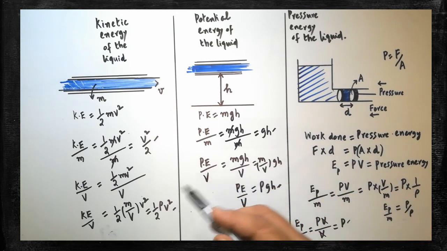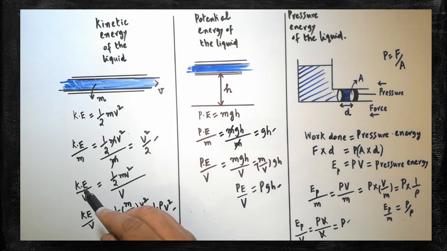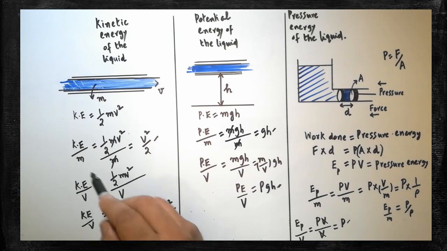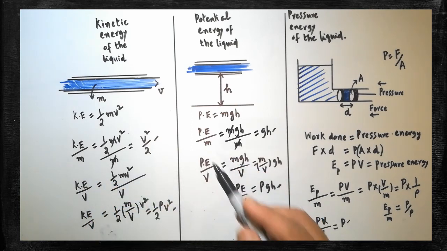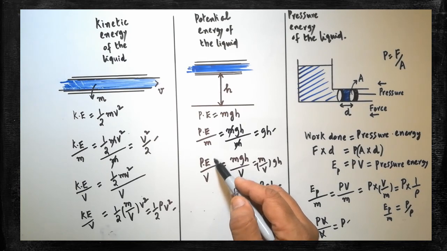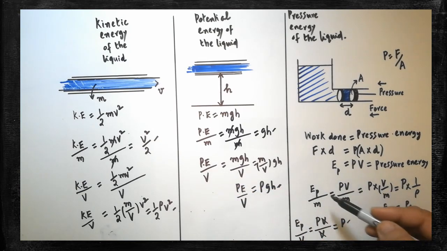In each case, you have to calculate energy per unit mass and per unit volume, because all these factors are essential to learn about Bernoulli's theorem.